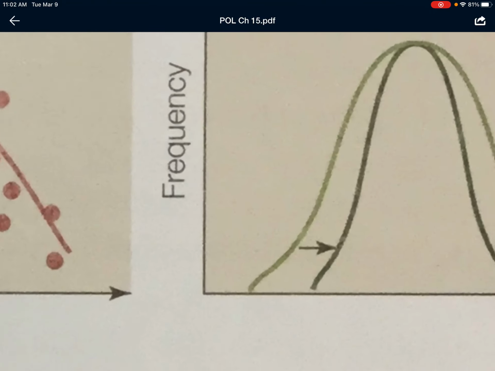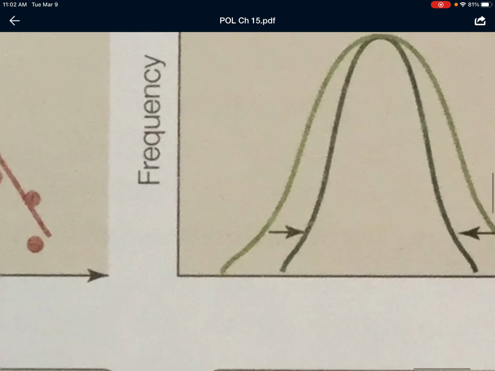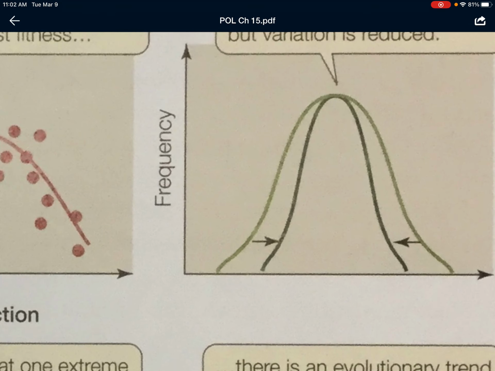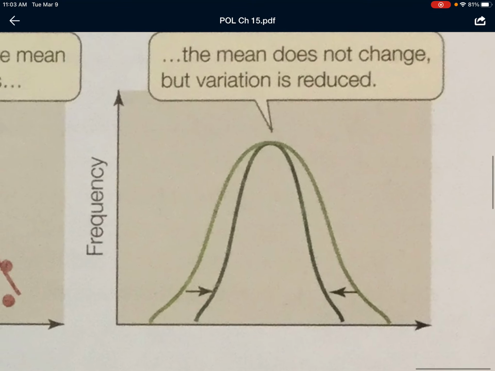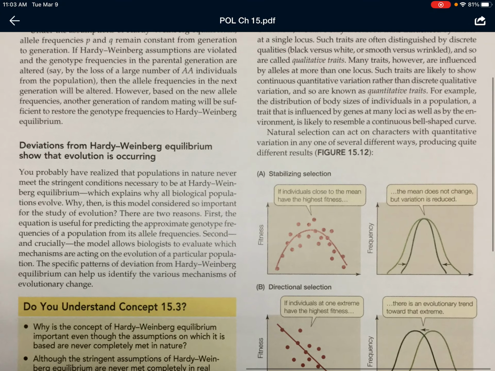If the seeds that were really small or really large tended not to survive and reproduce, assuming seed length is a genetically inherited trait, then we would have more and more individuals at the mean, and we'd still have a bell curve or normal distribution. It would just be taller at the average, with less at the extremes.